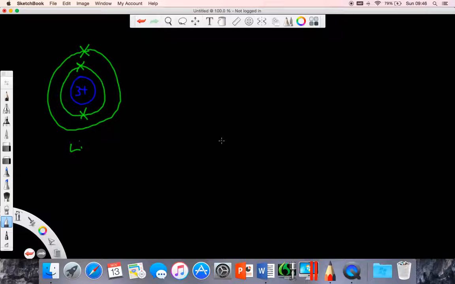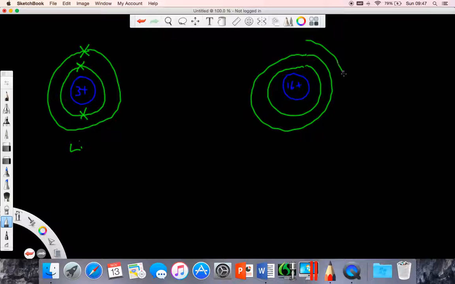And the other one you are going to have is oxygen. Now, oxygen is found in period 2, group 6. So oxygen has 16 protons, and therefore it has 1, 2, 3 shells.